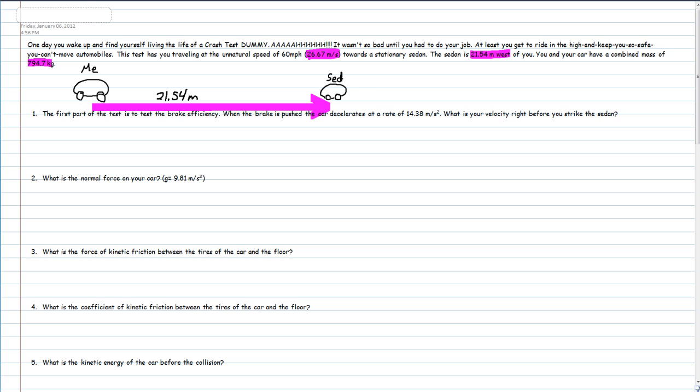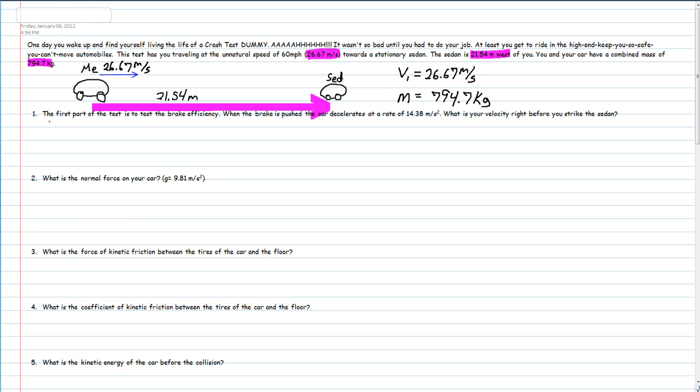I would also say that I have a velocity going in that direction of 26.67 meters per second. And I'm going to call that my velocity 1, or my velocity at the beginning. I know that my car has a mass of 794.7 kilograms.